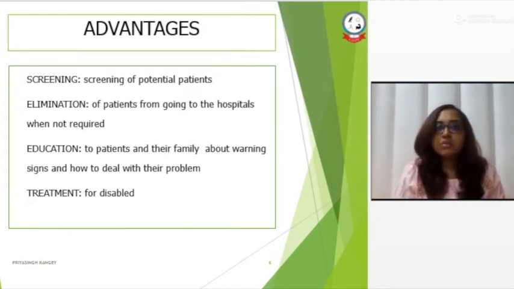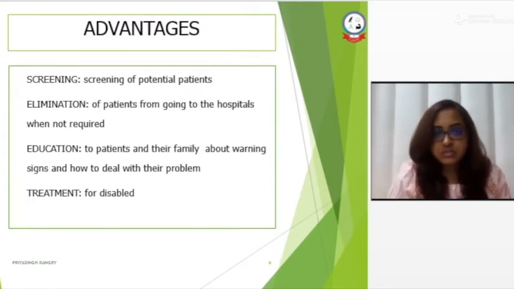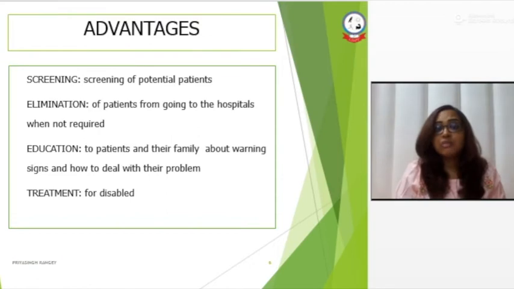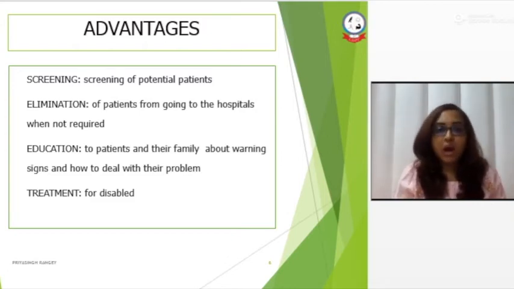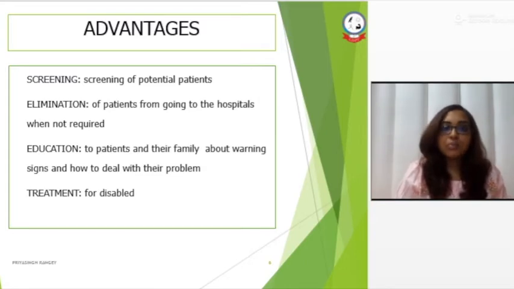Next, moving on to the advantages of extension services. Extension services are helpful in performing screening of potential patients. Because of the screening, we can eliminate the people who do not require help from the hospitals, and we can focus on the people who actually require medical attention. We can use these extension services to educate the people, to educate the family in the community.